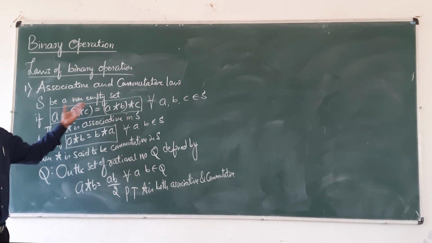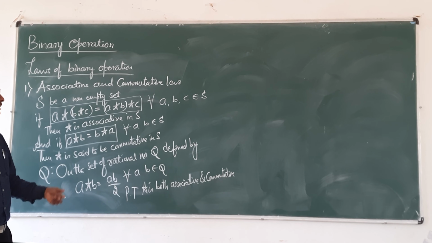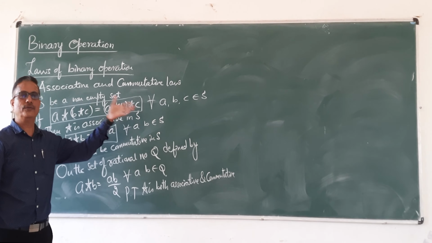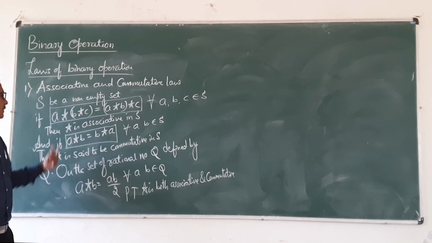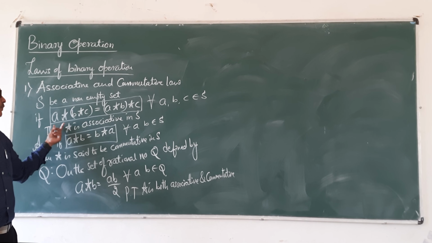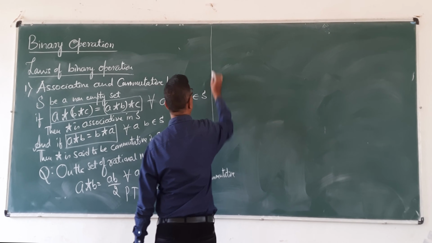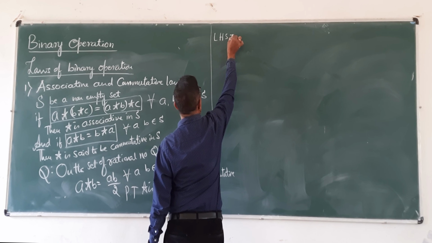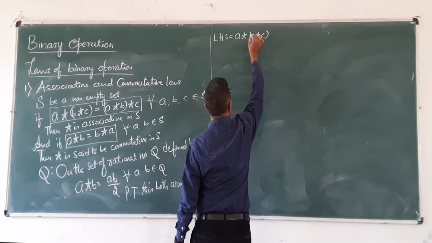So you know the definition of associative property. What is that? A star (B star C) is equal to (A star B) star C. Commutative property: A star B is equal to B star A. Now here first to do associative, to prove that LHS is equal to RHS. Now in associative, take LHS. Left hand side: A star (B star C).